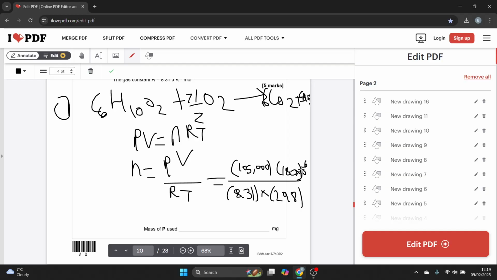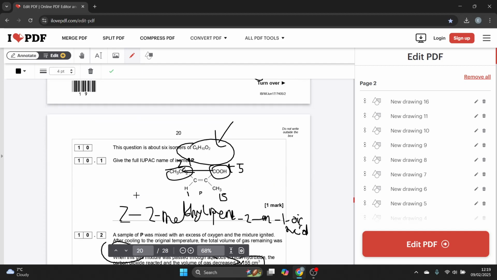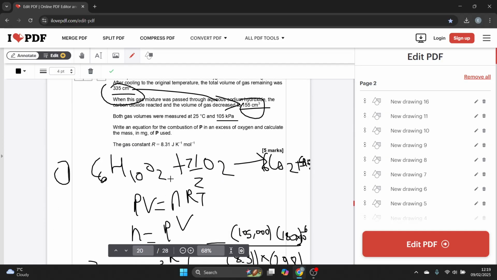Everything else is perfectly fine. I get the moles as 7.632 times 10 to the power minus 3. But I don't want the moles, actually, no, before I even carry on, that's the moles, therefore the moles of P, C6H10O2 used.